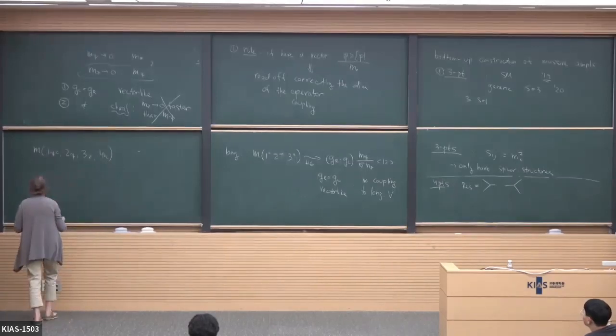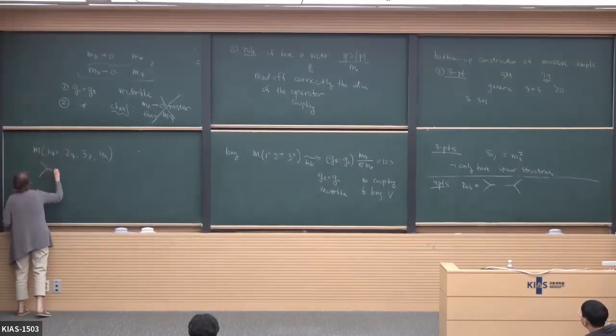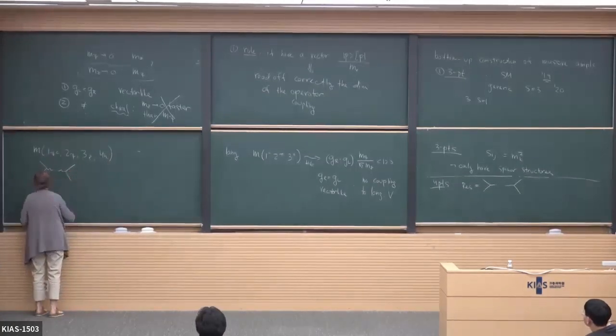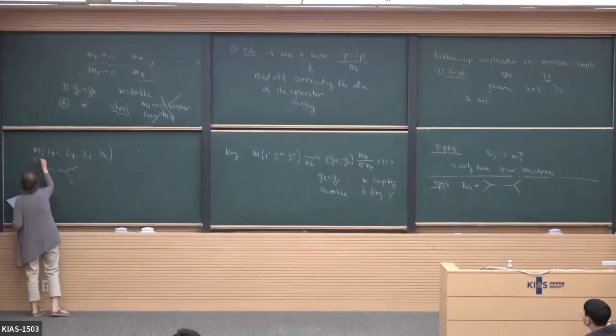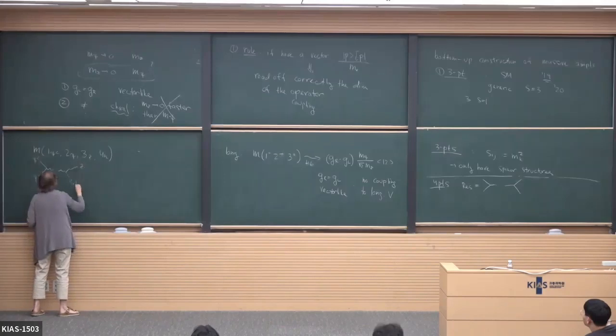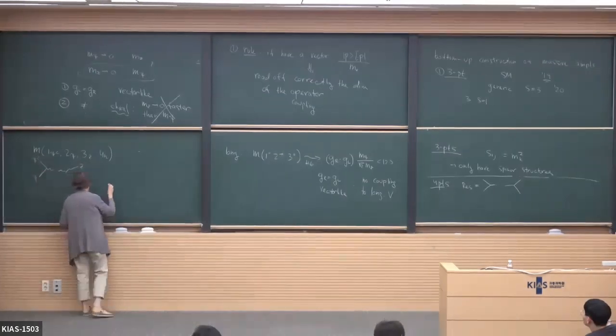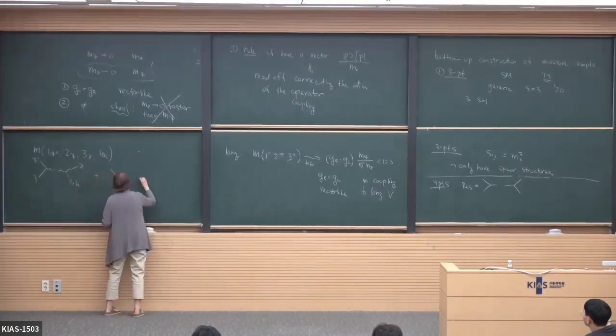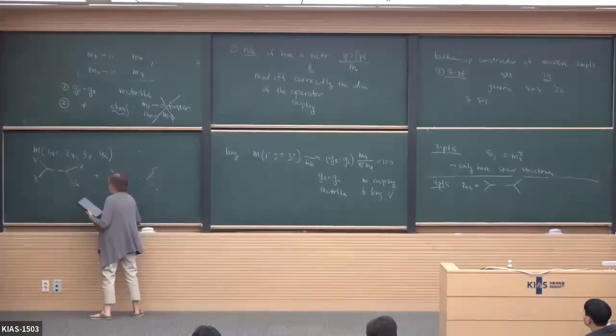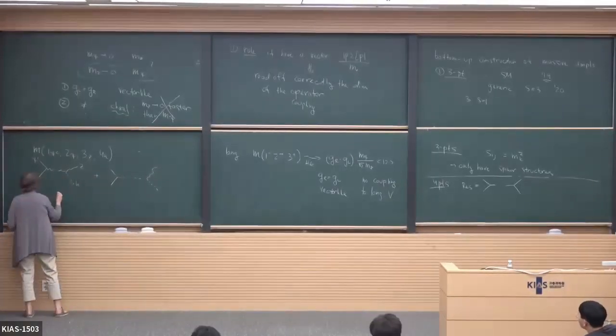You can get the amplitude by gluing together this one and this one, where these are the fermions. This is Z, this is H. And there's also, in principle, this one. And there's also this one.